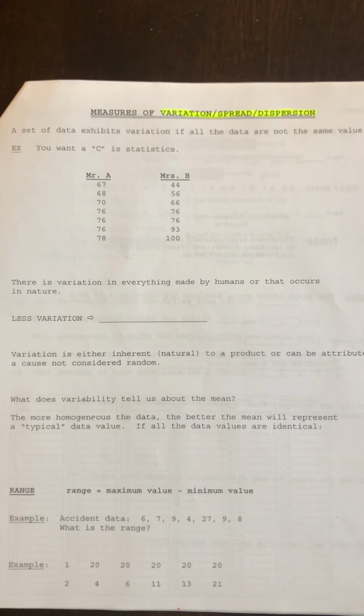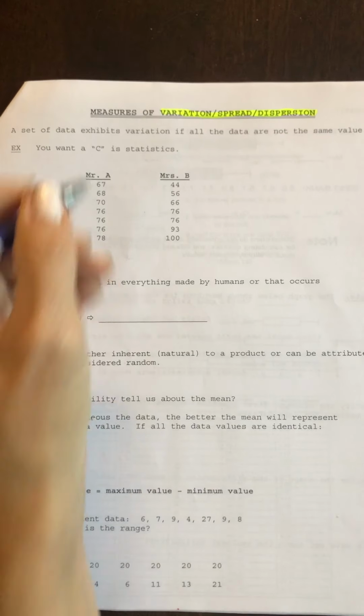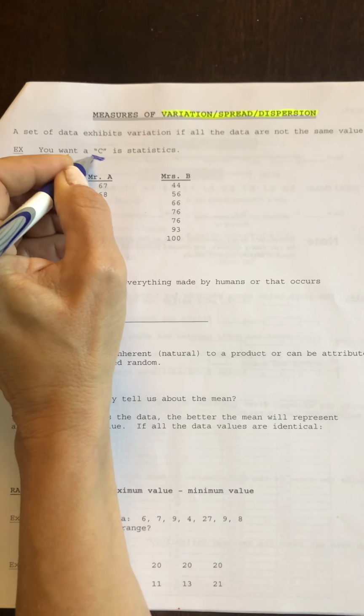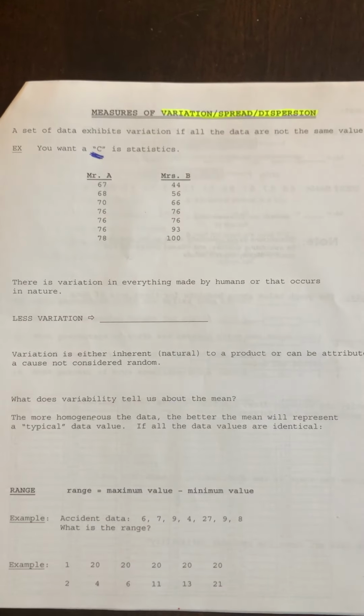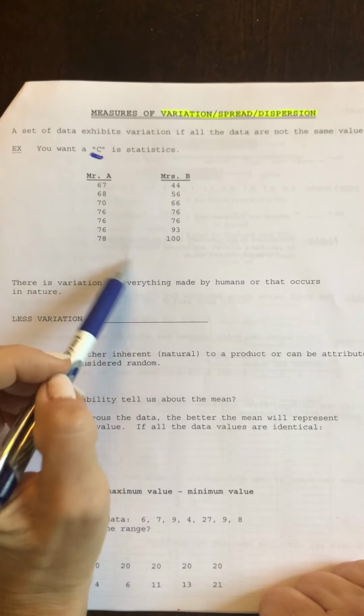I'm going to give you an example here. Let's say this is last semester and you are about to take this statistics class, and you want a C. Let's say that you really don't even care about learning anything. You just want to get that C so that you can pass the class and not have to take it again. So some instructors post their grades, say, on their door.